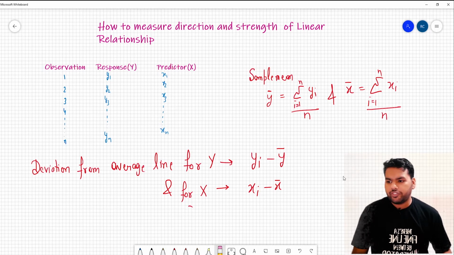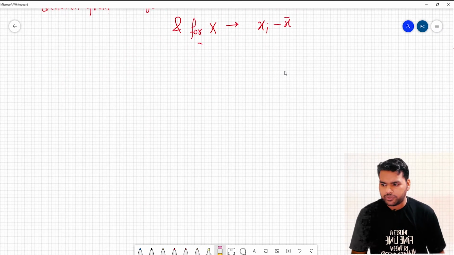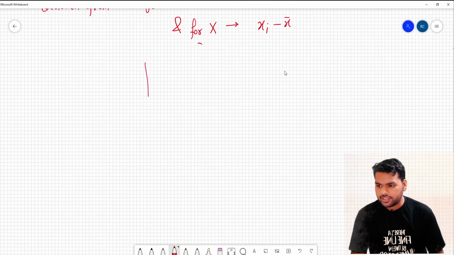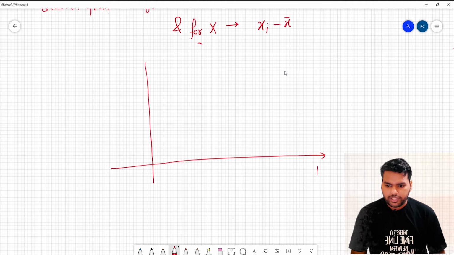So when we see the scatter plot, when we try to see the linear relationship, we have the curve like this. This is our predictor here, and this is our response.